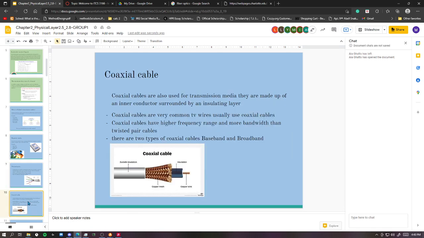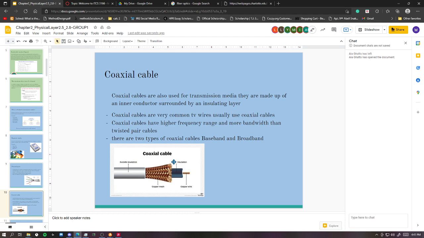Coax cables. Coax cables are made up of an inner conductor surrounded by an insulating layer. As you can see here, here's the inner conductor, the copper wire. Here's the insulated layer, and here as well, and another insulated layer here. Coax cables are very common. Everyone's probably seen them.